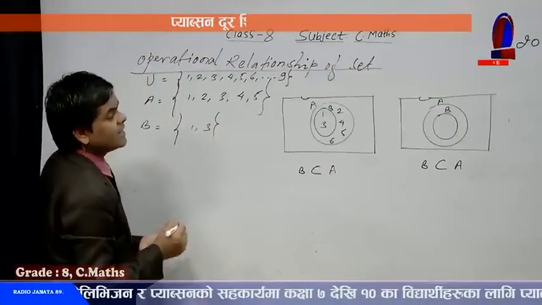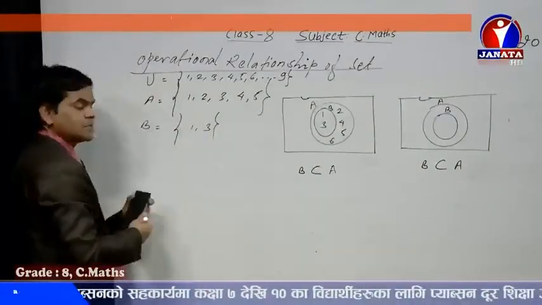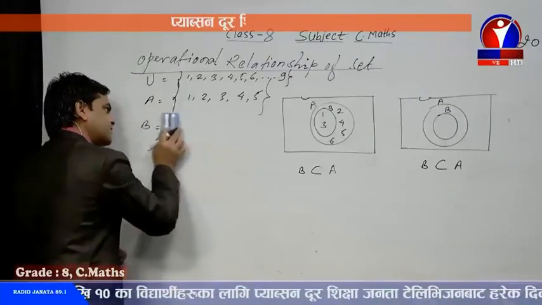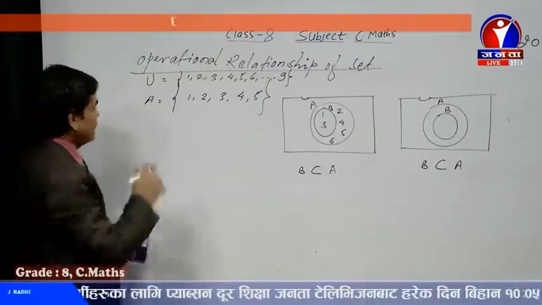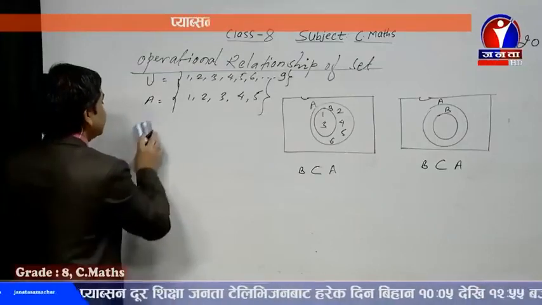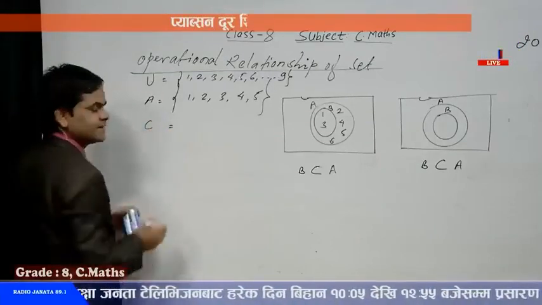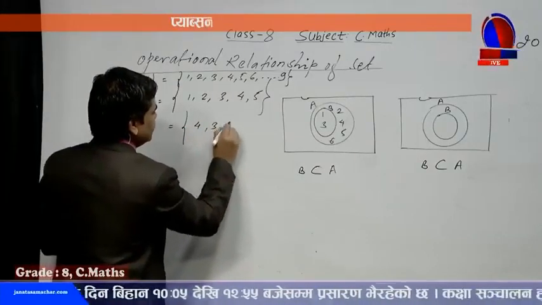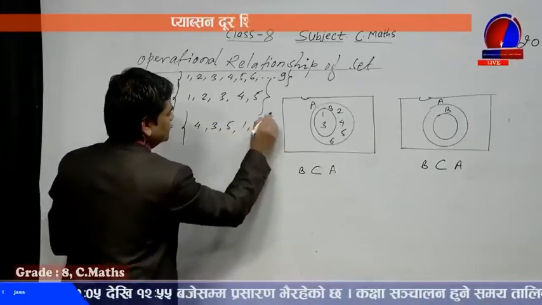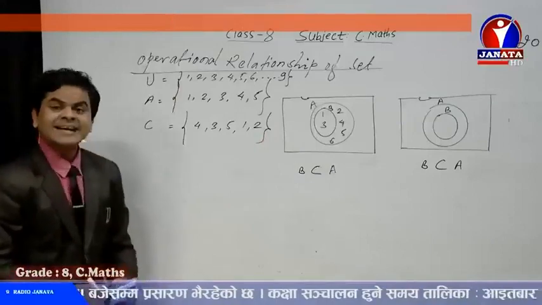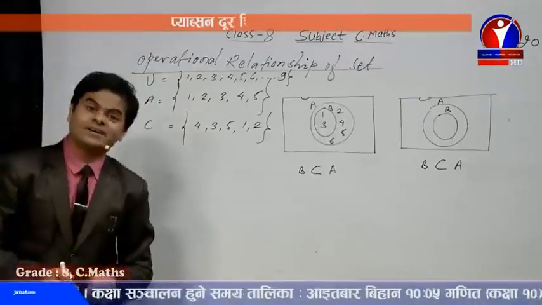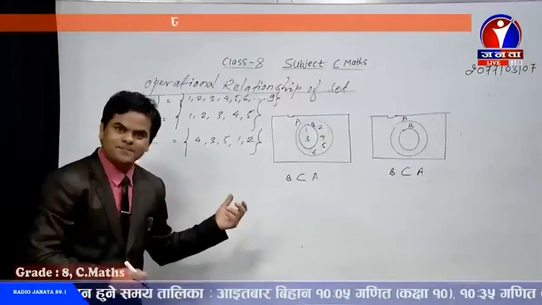Now let's see what happens in case of improper subset. This is a proper subset, so now we don't need it, so I'm erasing this one. Let's take another set, C. 4, 3, 5, 1, 2. Because in case of improper subset, there must be the same elements contained in a certain subset.